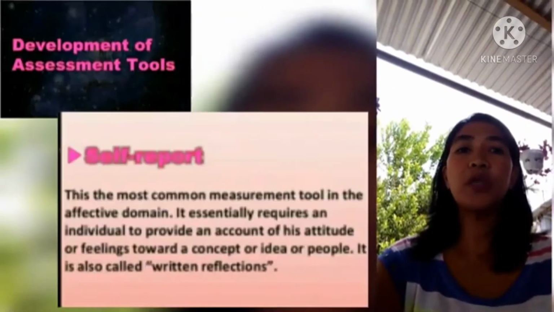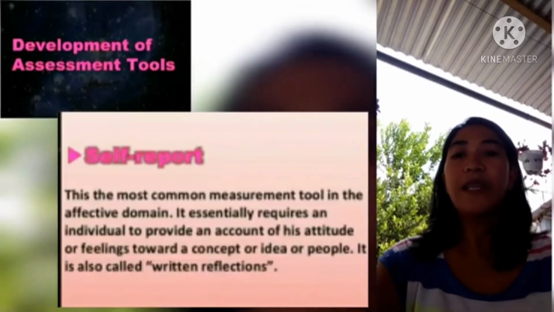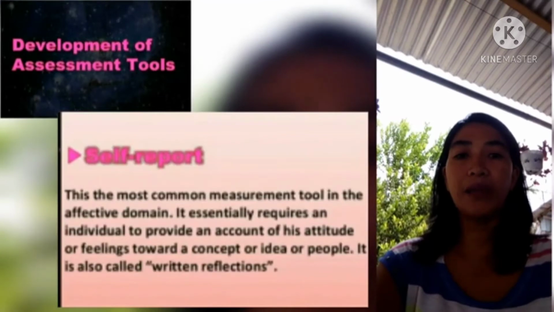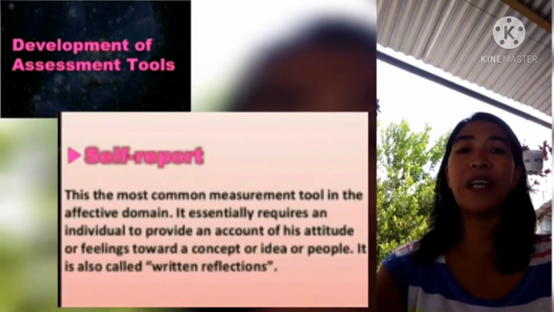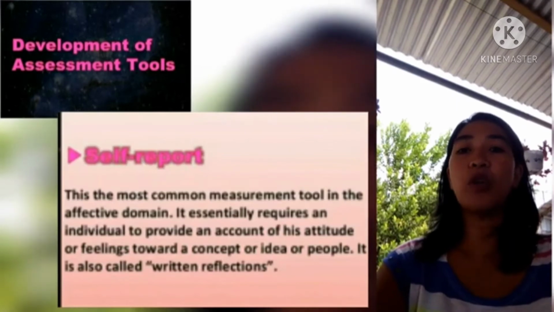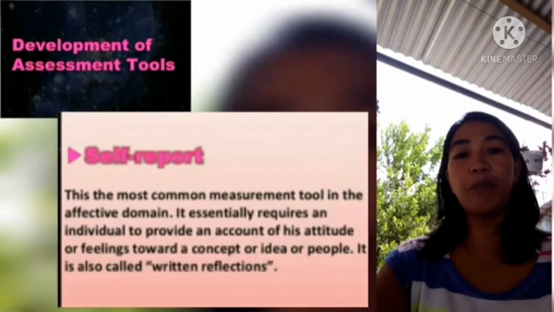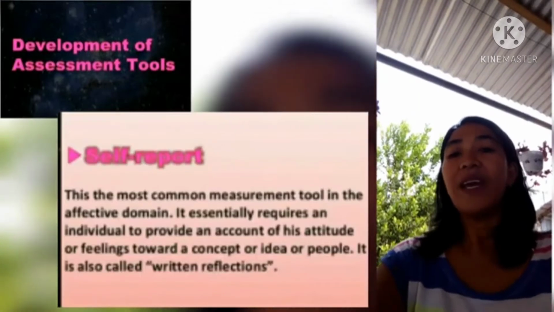Development of assessment tools in the affective domain. Self-report. This is the most common measurement tool in the affective domain. It essentially requires an individual to provide an account of his attitude or feelings toward a concept, idea, or people. It is also called a written reflection.